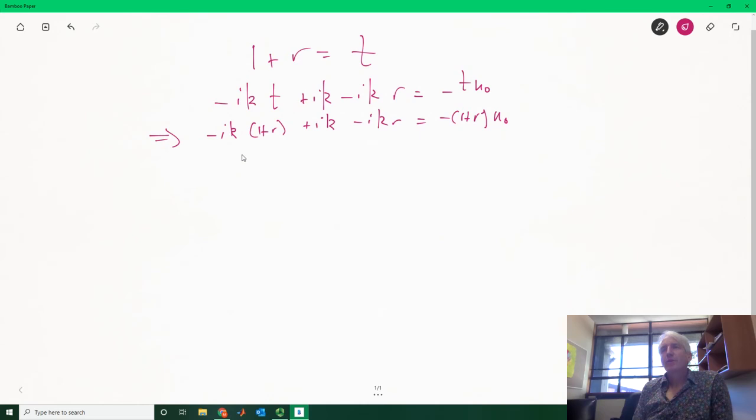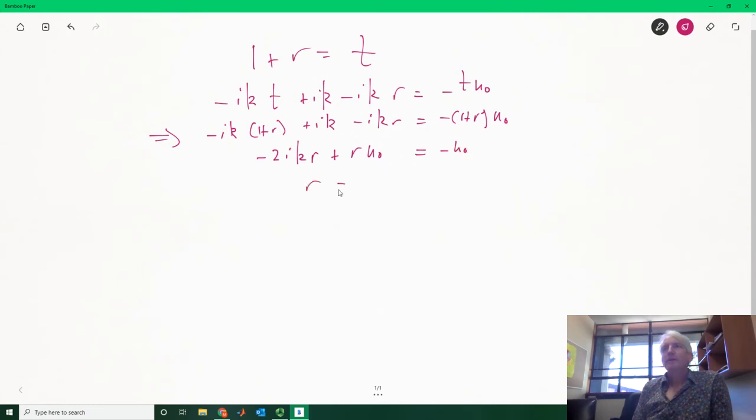And then we put all the r's on one side, and we've got minus IKR, we've got minus IK here, plus IK, so that's going to disappear. We've got minus 2 IKR, and then we've got minus RU0, so that's going to be plus R times U0 is equal to, and all we're left with is this minus U0.